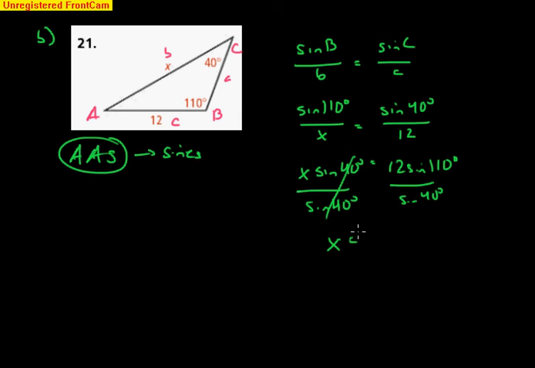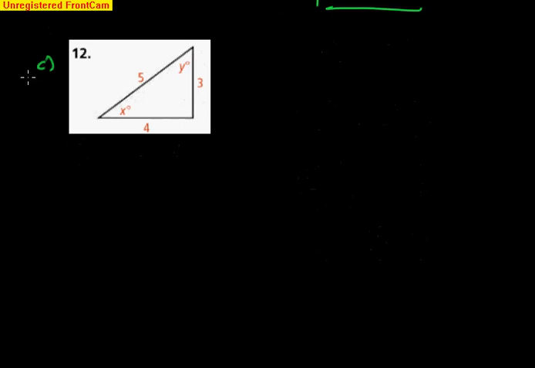And we'll put this all in our calculator. 12 sine of 110, close that parenthesis, divided by the sine of 40. And I get 17.5. That's my value of x. So this was a law of sines problem. Remember, two angles, law of sines automatically.